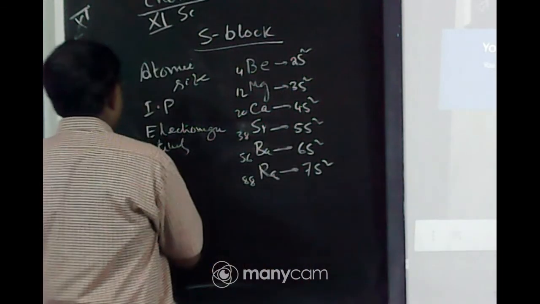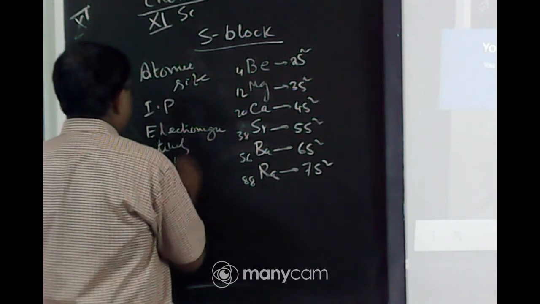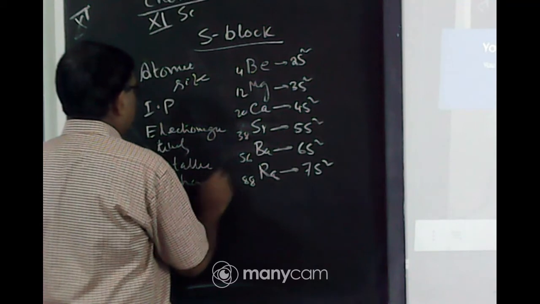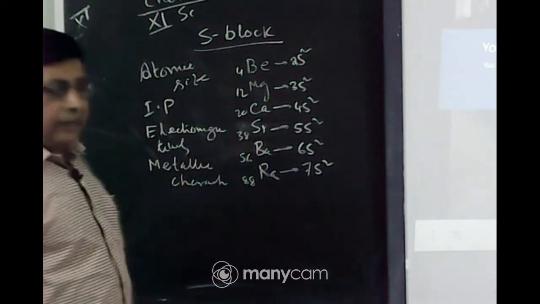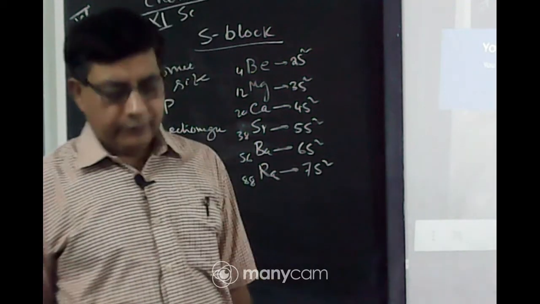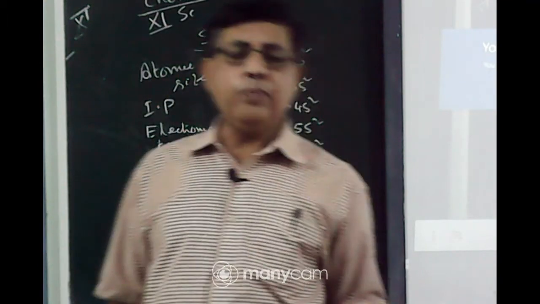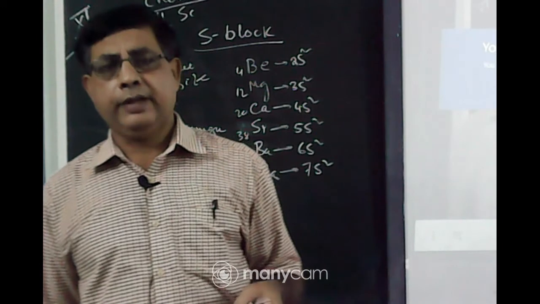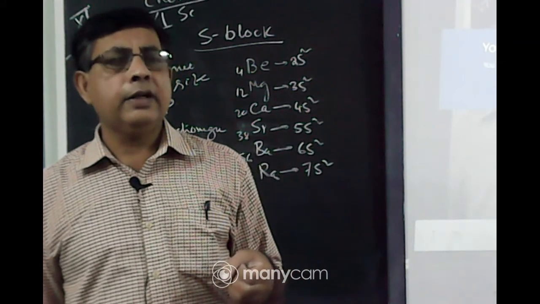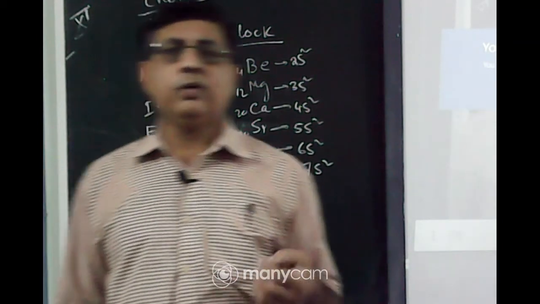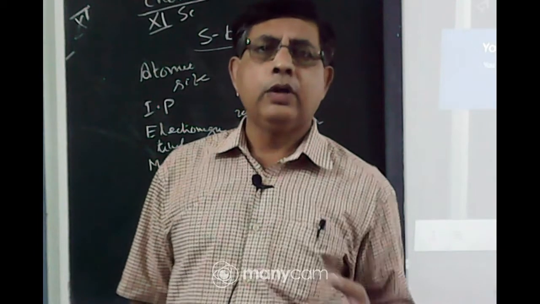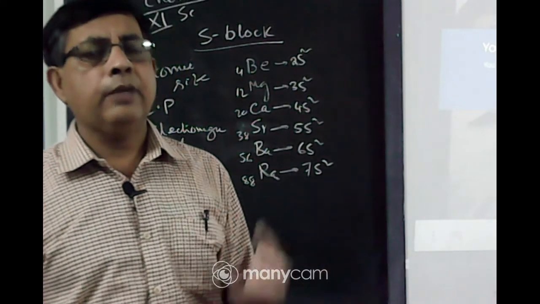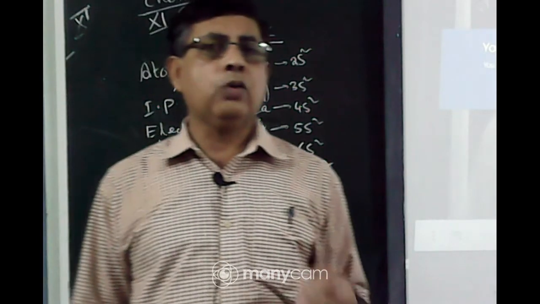Next, metallic character. All alkaline earth metals are good metals, but the strength of the metallic bond will be more as compared to alkali metals. So, alkaline earth metals are harder metals as compared to alkali metals. Say sodium or potassium are very soft metals, they can be cut with a knife, but magnesium or calcium are not so soft.